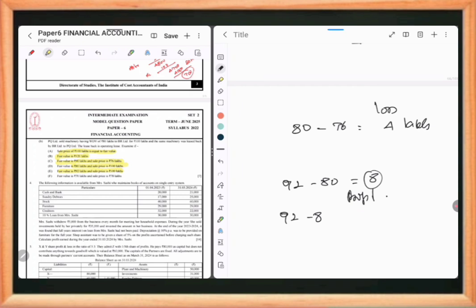Just a minute, not 8, it is 12 lakhs here. 92 minus 80, 12 lakhs. So it is a profit. Profit of 12 lakhs is to be immediately recognized in its books. And then the balance profit, 100 lakhs sales price minus 92, that is 8 lakhs. This balance profit of 8 lakhs is to be amortized and deferred over the lease period. What is the lease period? Throughout the lease period, it should be amortized.